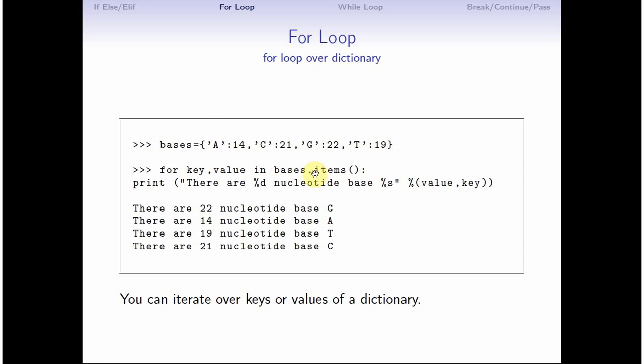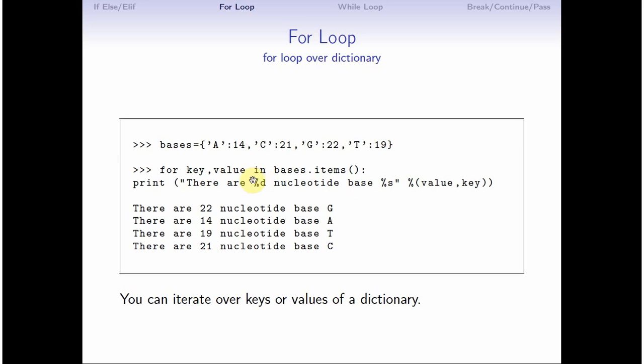So it will run through all the tuples of key and value. What will it print? It will print the value and the key: there are this many nucleotide bases of the letter itself, with the key. Take note, this is how we want to insert, because this one will keep on changing and we want this part to be constant.